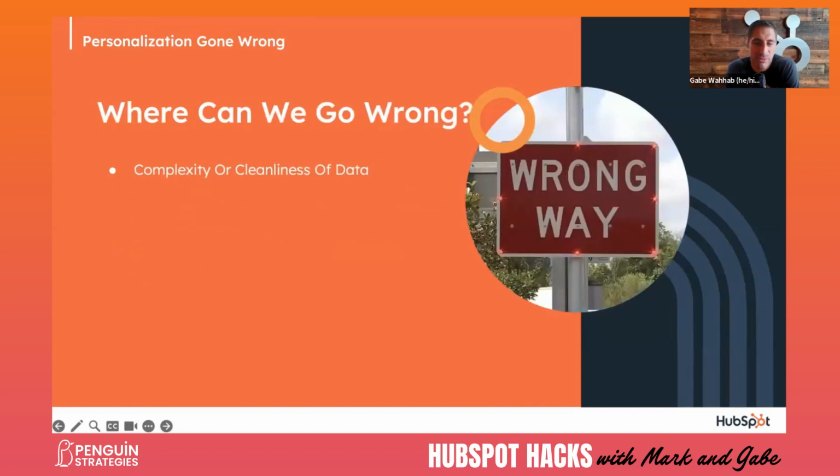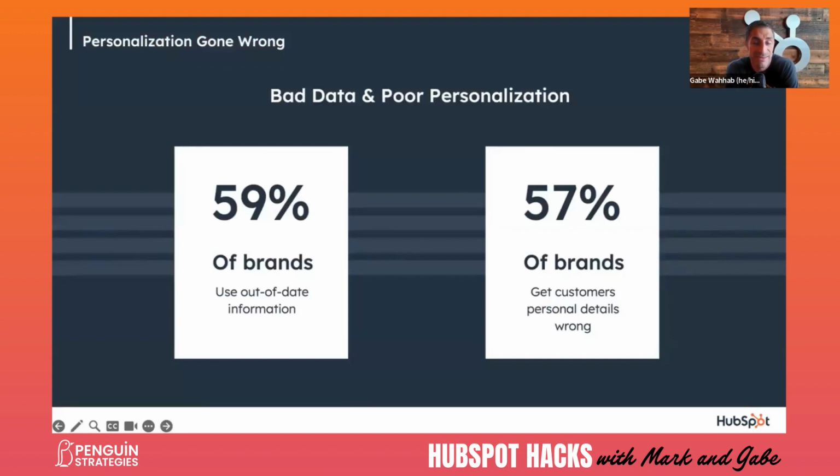Let's also touch on where personalization can go wrong, or where our personalization projects can fail. We already touched a bit on bad or complex data, but that can very easily kill a personalization project. Too much complexity can prevent projects from getting off the ground, and bad data just kills trust. This, however, doesn't stop companies from using bad data.